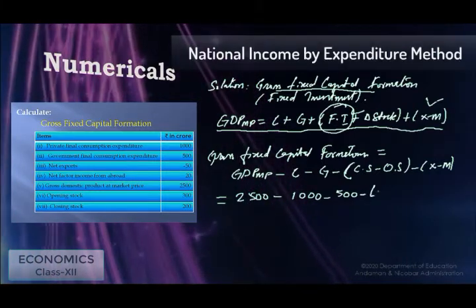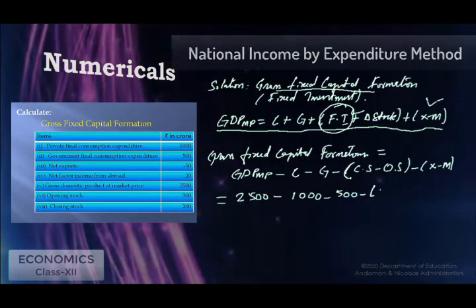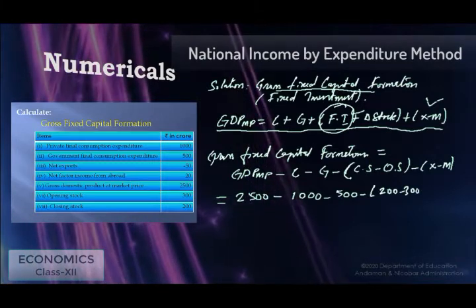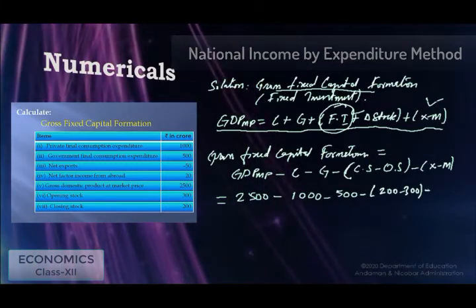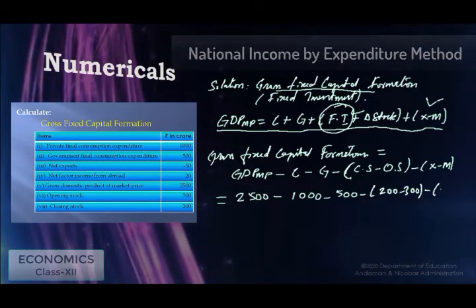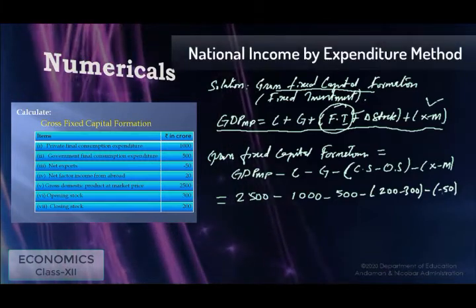The change in stock is calculated as closing stock, given as 200, minus opening stock, given as 300, and with that we subtract the net export. The net export is given as minus 50 crore.